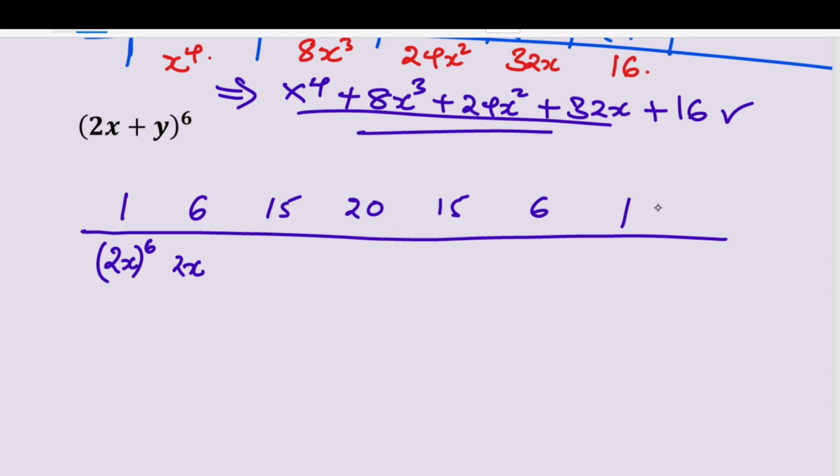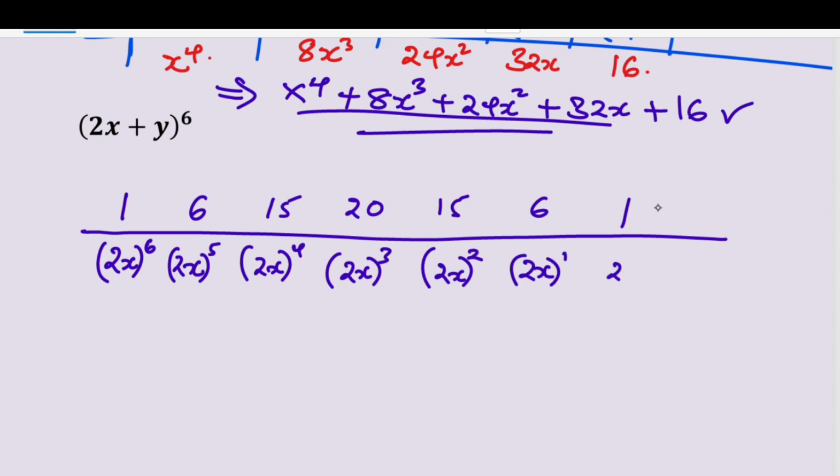Remember to put this 2x in brackets, then raise it to power 5, then 2x raised to power 4, 2x raised to power 3, 2x raised to power 2, 2x raised to power 1, 2x raised to power 0. Then we are done expanding the first one.